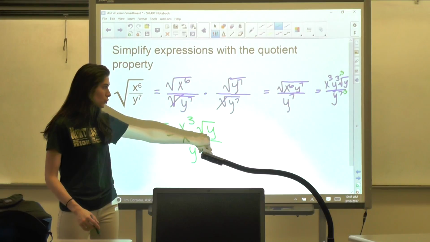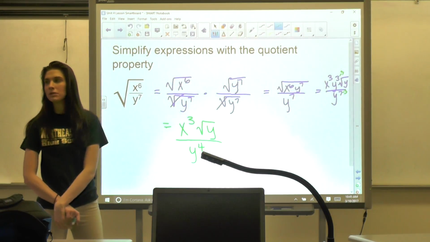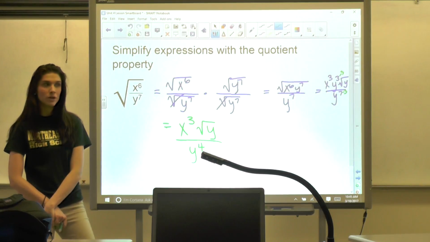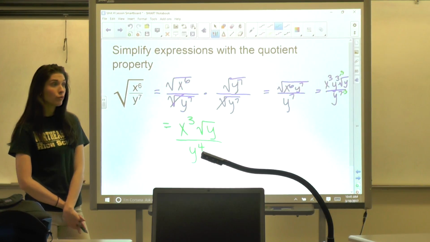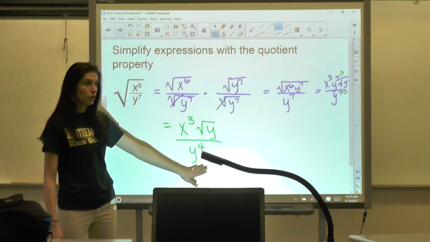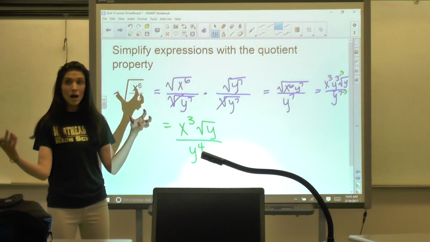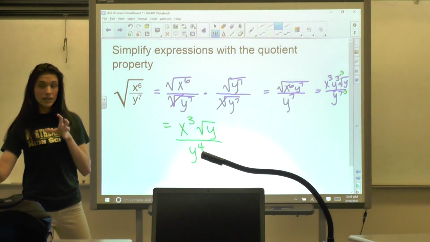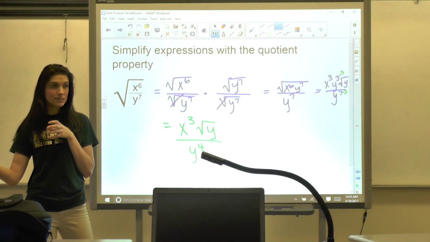And then square root y is like square root of y divided by square root of 1. So you can't do anything else with this. You cannot mix radicals and regular numbers that do not have a radical. Does that make sense?